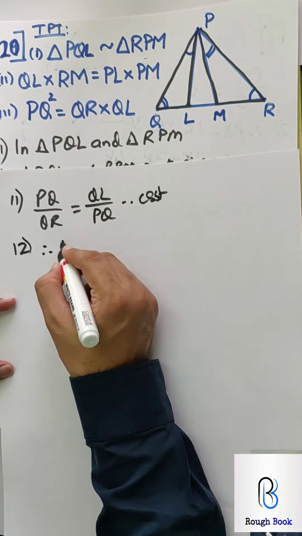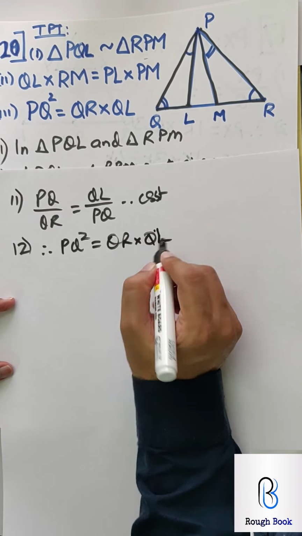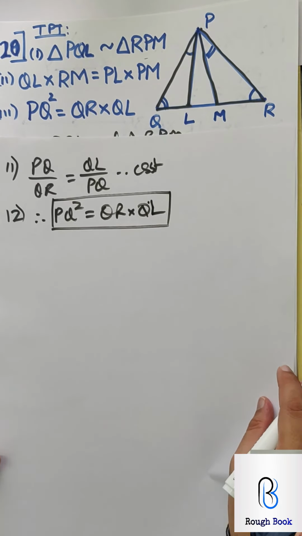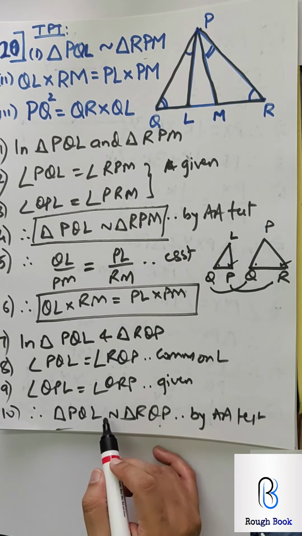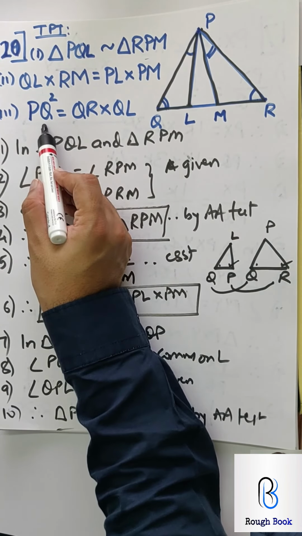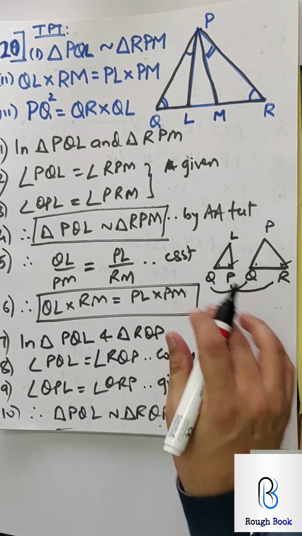Let's cross multiply. So I will get PQ square equals QR into QL, and that's exactly what we needed. Got everyone? Did I make it simple in the end? This part at least. Always remember, when you want to work on this one, split this on the rough sheet. That will tell you which two triangles you are supposed to work upon.